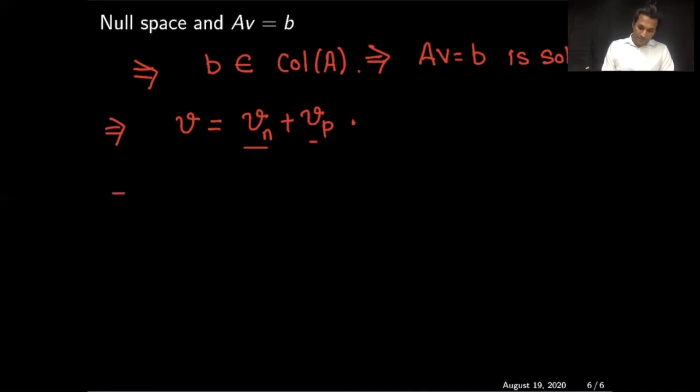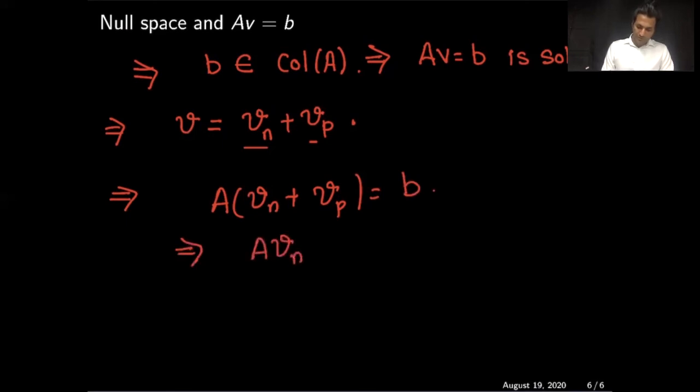If I plug that in, A(vn + vp) is equal to b, and the multiplication is distributed. So Avn plus Avp is equal to b. But since vn is in the null space of the matrix, Avn will be 0. So then Avp is equal to b.